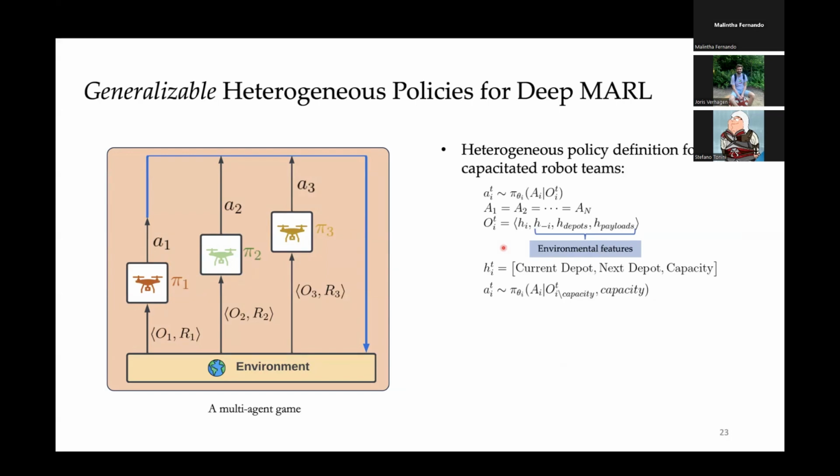We defined an observation function with 2 components: observations that come from itself, that is hi, and the rest of the observations come from the environment. And hi has the states of its current location, next location, and the capacity. So this policy becomes conditioned on its capacity.